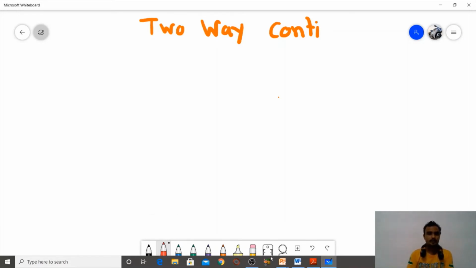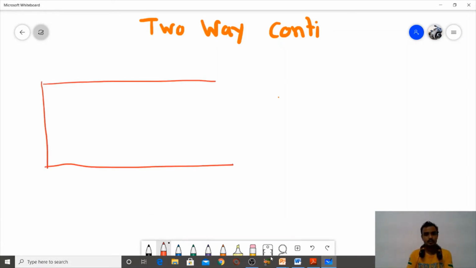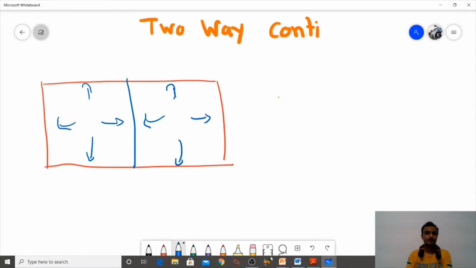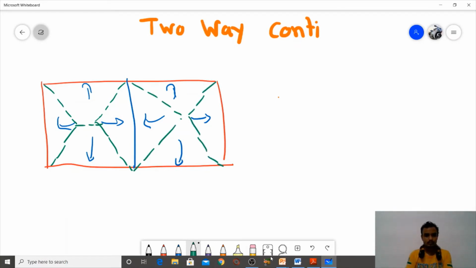In the two-way continuous slab, the load transfer mechanism says the load is transferred in all four directions. So the load transfer will be like this, with a trapezoid at 45 degrees.